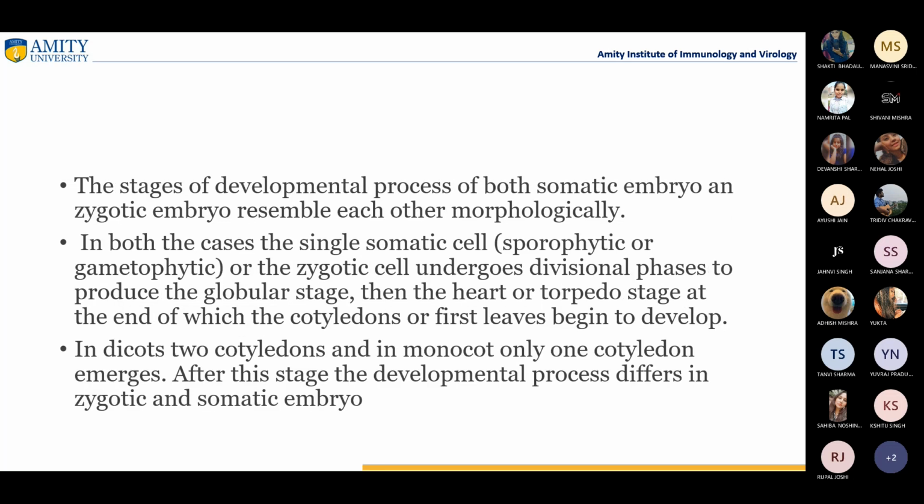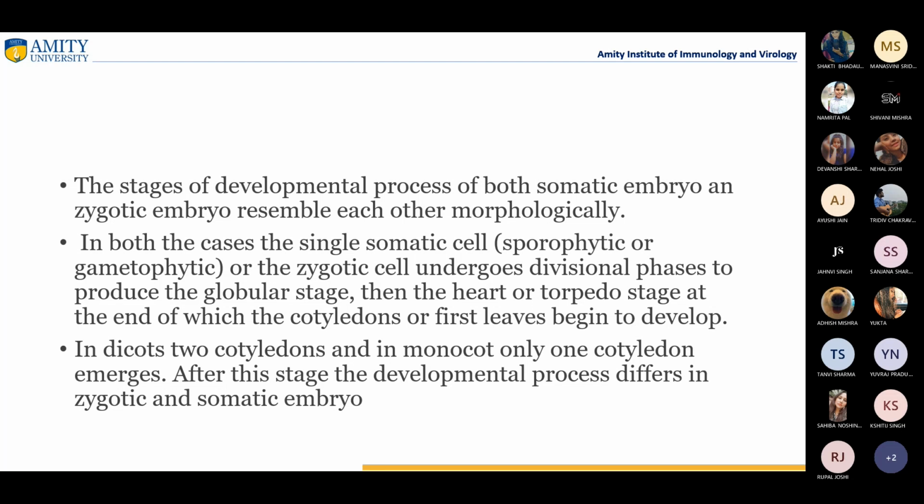The stages of the developmental process of both somatic embryos and zygotic embryos resemble each other morphologically. In both cases, the single cell, whether a somatic sporophytic or gametophytic cell, or the zygotic cell, undergoes divisional phases to produce a globular stage, then a heart or torpedo stage. We know the different stages of zygote formation.